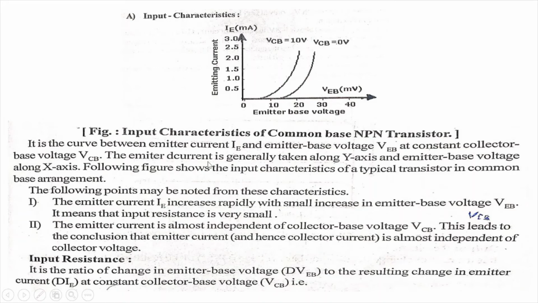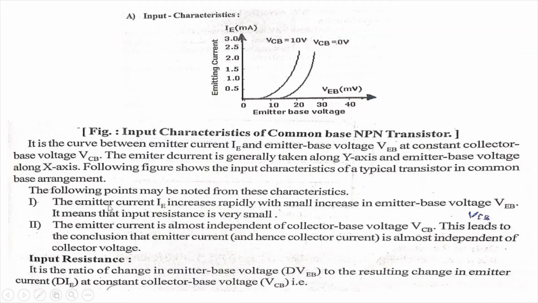The emitter DC current is generally taken along y-axis. See, emitter current is taken along y-axis and emitter base voltage along x-axis as shown in figure. Now, following figure shows the input characteristic of typical transistor in common base arrangement.